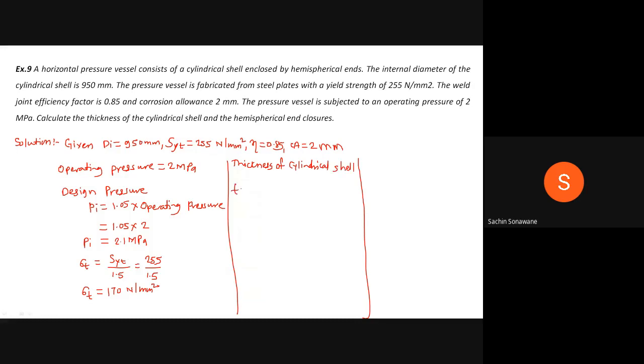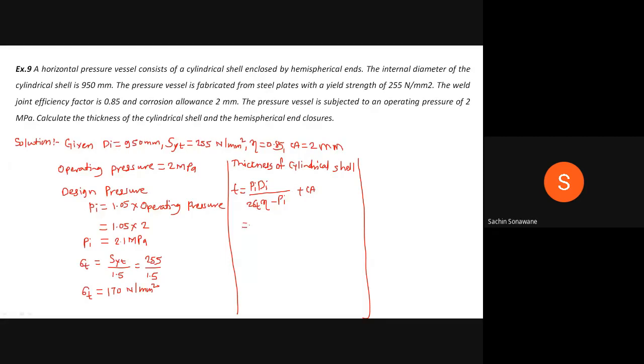T is equal to, what is the formula? Pi into Di divided by 2 sigma t into efficiency minus Pi, plus corrosion allowance.